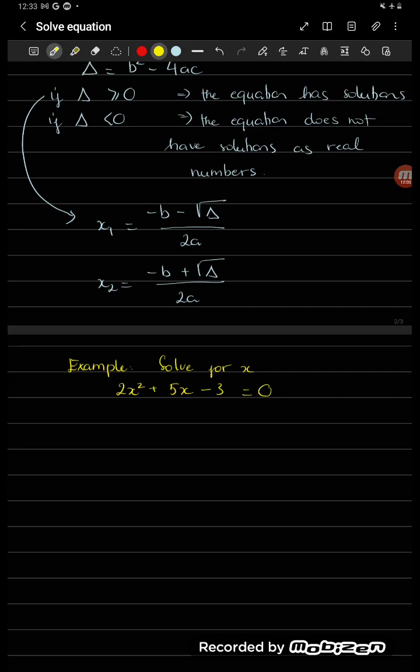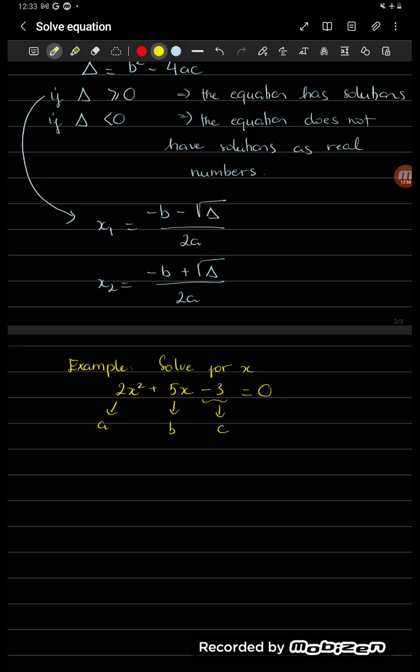Like I said above, the first step is always to calculate delta, but you need to determine what A, B, and C are. Remember, you need to take the sign in front of each. In this case, A is positive 2, B is positive 5 because before 5 is a plus, and C is negative 3 because before 3 is a minus sign.